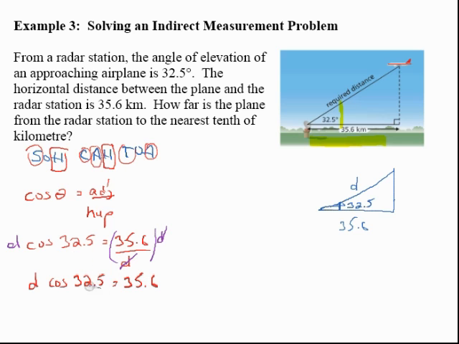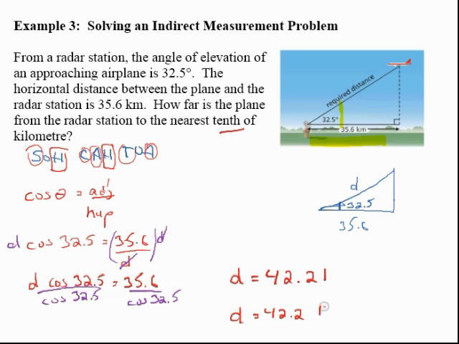So we now divide this side by cos 32.5 and divide this by cos 32.5. And we are left with D equals, we use our calculator, and we get 42.21. The question asks to the nearest tenth of a kilometer, so distance is 42.2 kilometers.